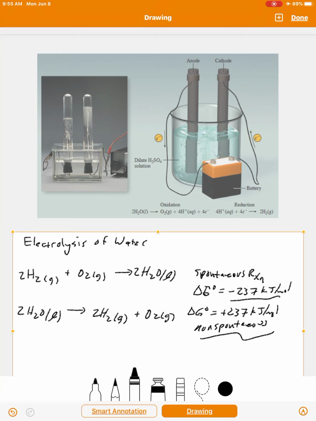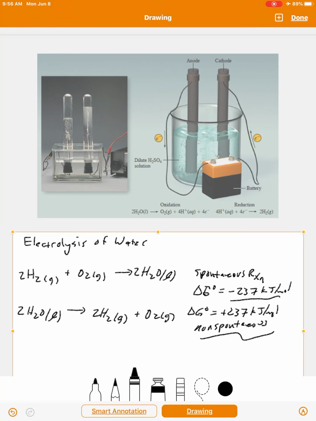That's oxidation that occurs at the anode. So at the anode, oxygen gas is produced. And then on the other electrode, reduction occurs, and the hydrogen ion reacts with electrons to form hydrogen gas. So look at the two products. Oxygen gas at one electrode, that's occurring at the anode.